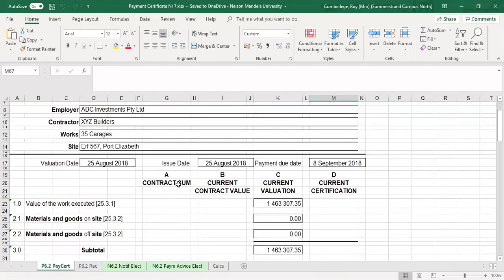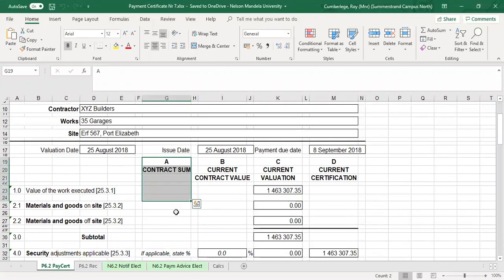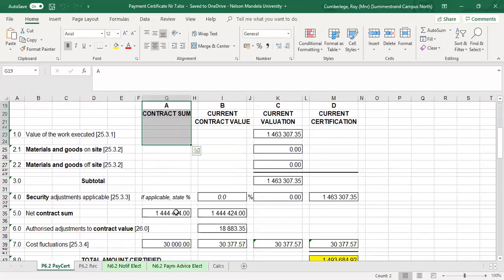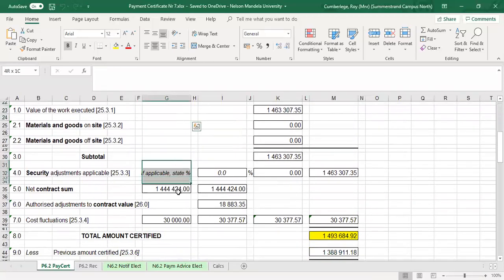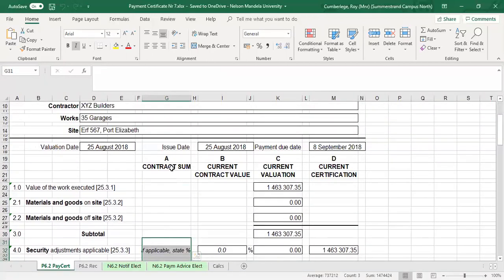If we look at column A, we all know by now it remains the same, no changes from certificate 1 right up till the final payment certificate. It refers to the contract sum, which is now your tender figure. The values in column A remain the same.